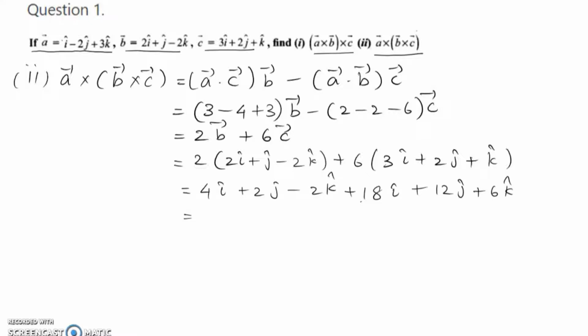So further simplifying, we get 22 i cap plus 14 j cap plus 4 k cap.